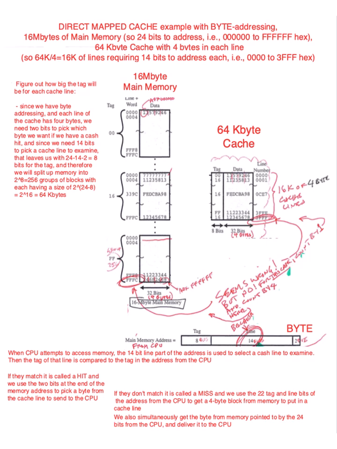You're picking which line and then picking which byte. Since we have byte addressing and each line of the cache has 4 bytes, we need 2 bits to pick which byte we want.